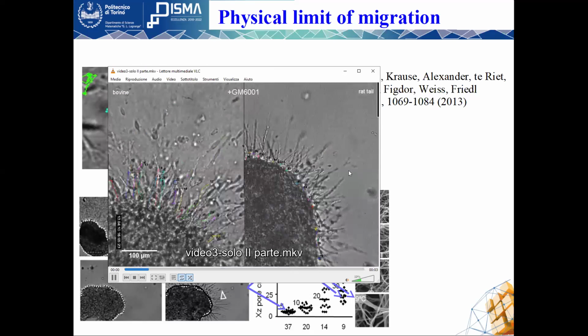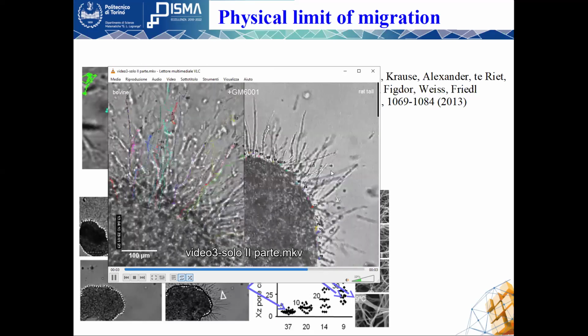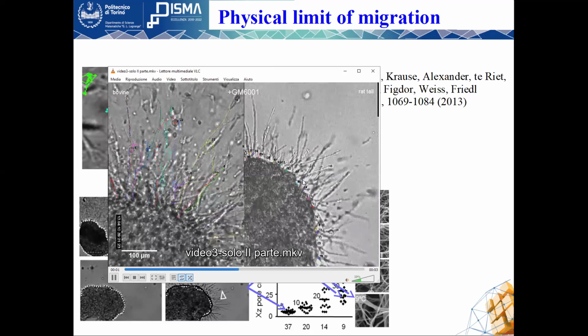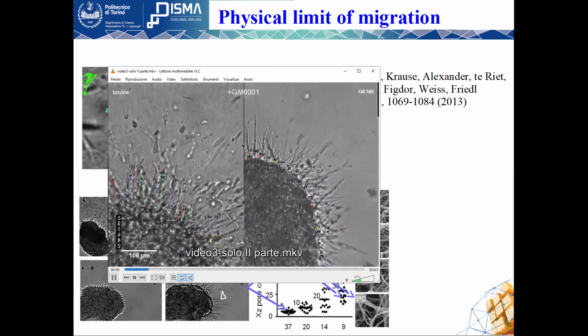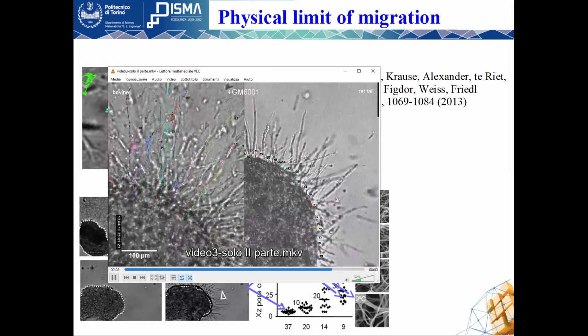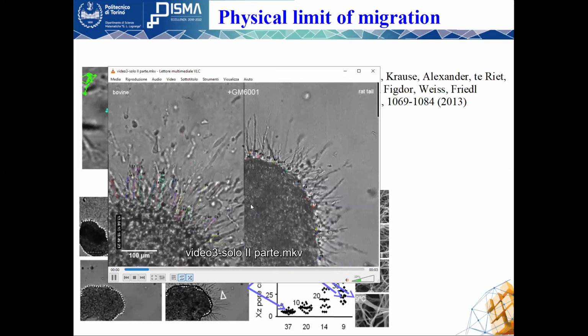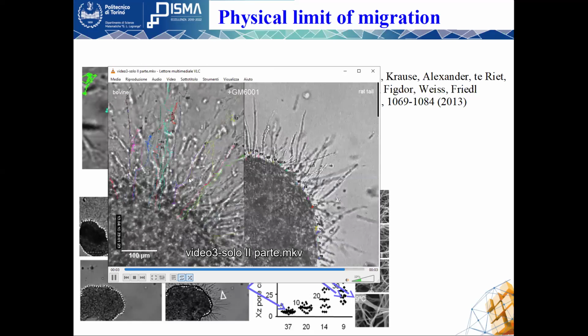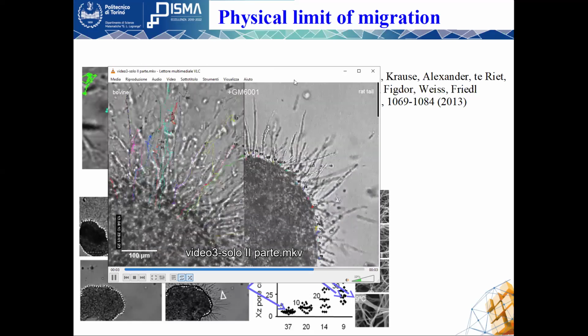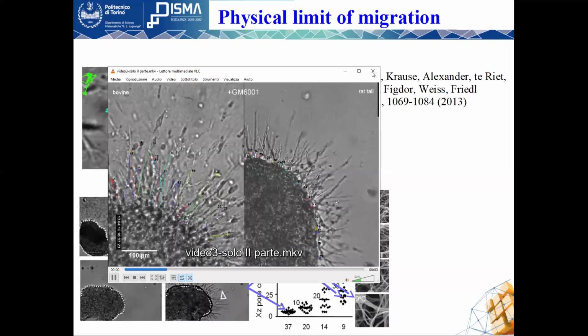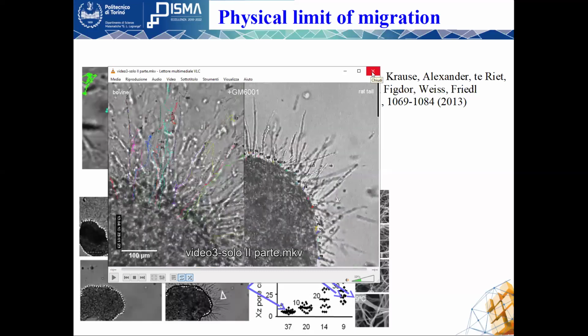These are the protrusions of the cells that would like to invade. But they are not able because the nuclei, which are these numbers here that you barely see at the border of the tumor, are stuck there. Instead, in the gel on the left, the cells will invade the tissue. And the difference is the one that I told you before.